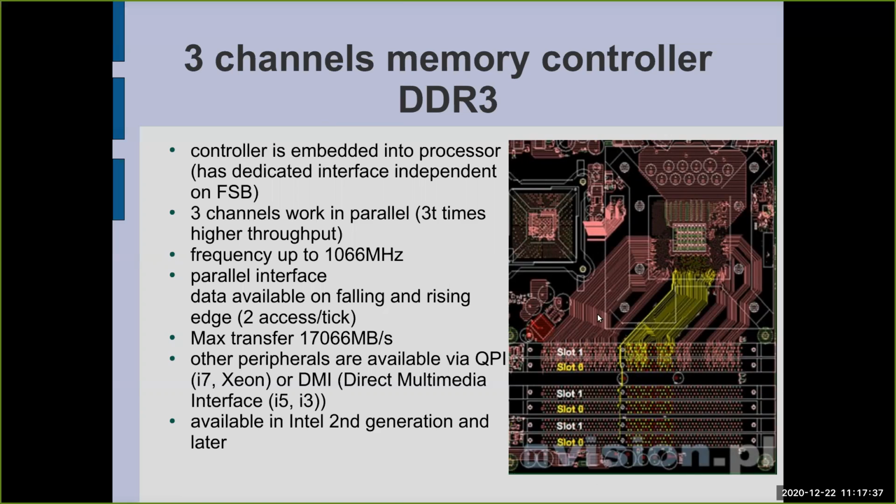If you have 2 memory modules, it's better to place them in slot 1 and slot 0. In this case, we can achieve 2 times higher throughput because the controller is able to read and write data from these channels at the same time.